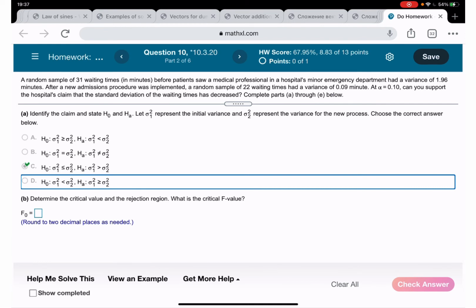Obviously I expect the second decimal to be incorrect, but let's see. We have 31 waiting times, that's the first sample size. The second one is 22, and 0.1.